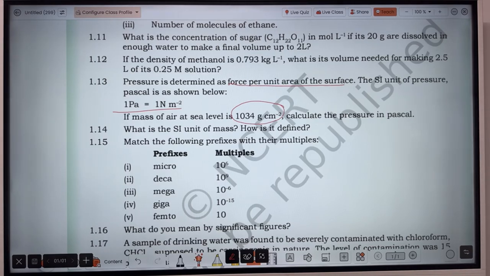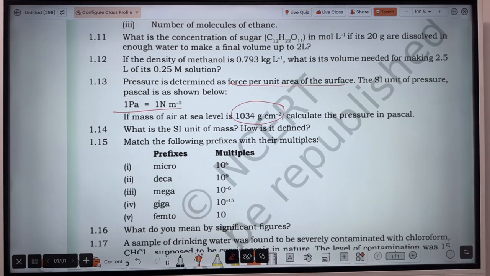So first you have to convert it into kg per meter square. In 1 centimeter square, how much in kg will be there, and in 1 meter square, how much will be there. That you have to find out.